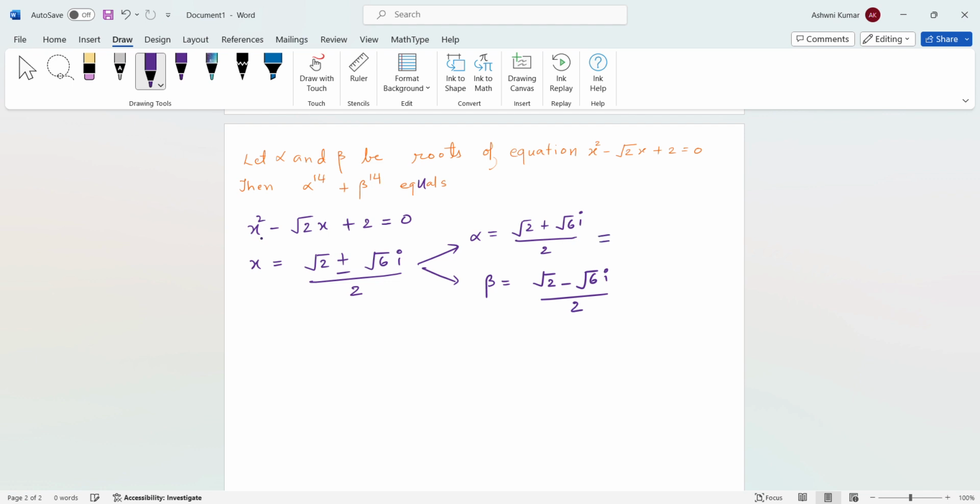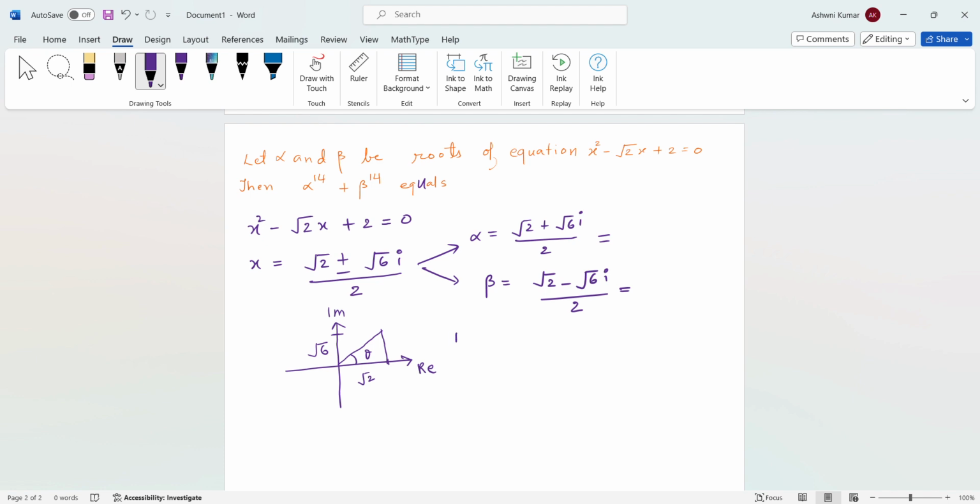Now we need to express both of them in Euler's form. We know that in the Argand plane, this is the imaginary axis and this is the real axis. For the first case, this length is root 6 and this length is root 2. So the triangle will be something like this, and this will be the angle theta.